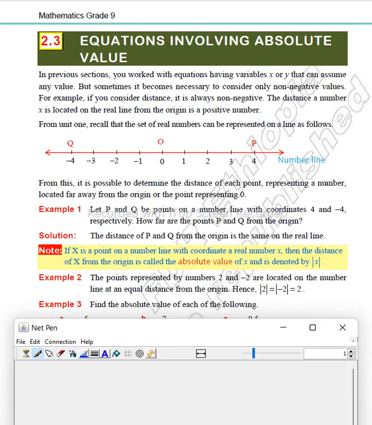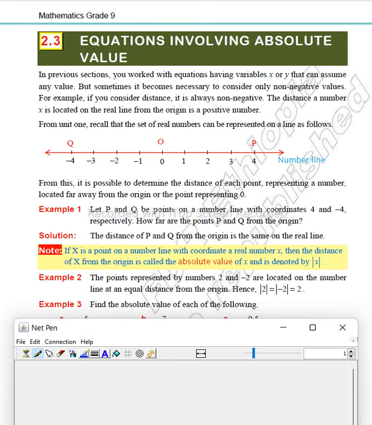So let us see on the textbook, there are different examples. For example, let P and Q. Here we have P and here we have Q. On the number line, the coordinates are 4 and -4. As we see, Q is at -4 and P will be at 4.